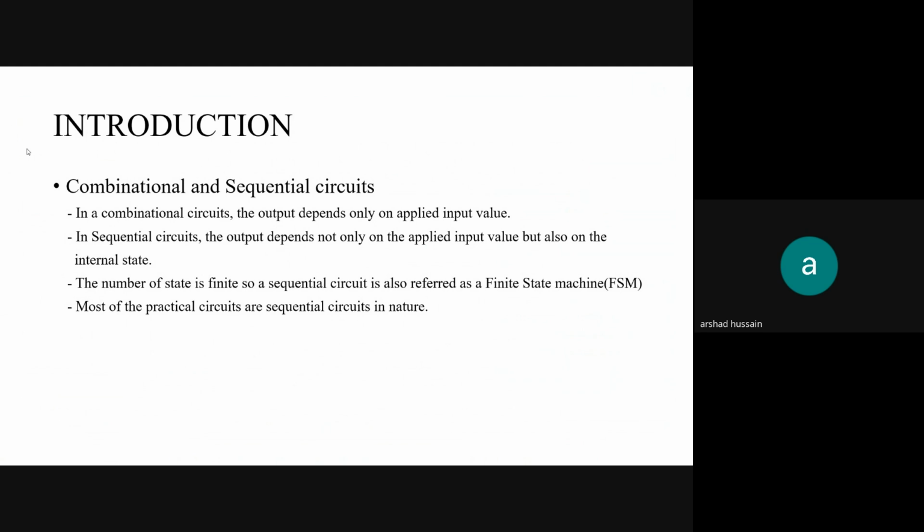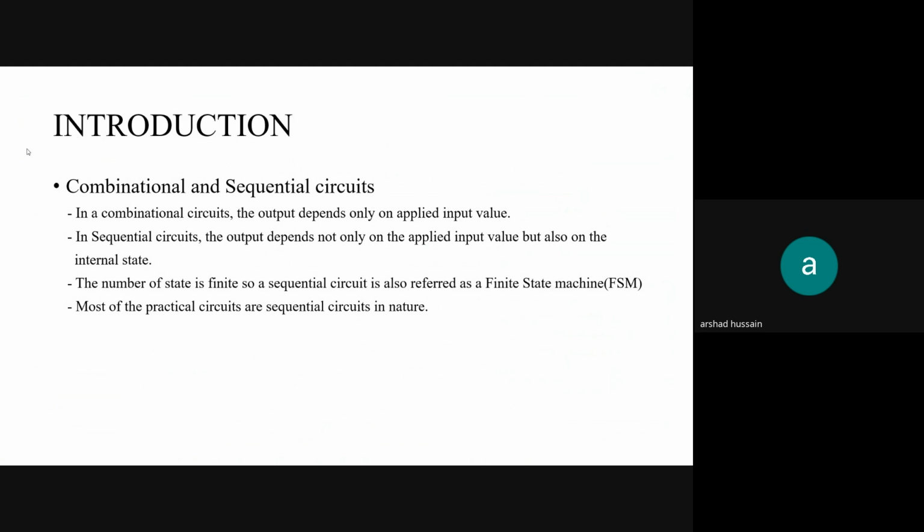It can't be infinite for an obvious reason, because ultimately it will be represented by flip-flops. As we have seen in the 4-bit counter example, which stores 4 bits of information, we require 4 flip-flops. If there were an infinite number of states, it would be impractical to build such a machine, as it would require an infinite number of flip-flops. Because of that reason, practical sequential circuits are also referred to as finite state machines.